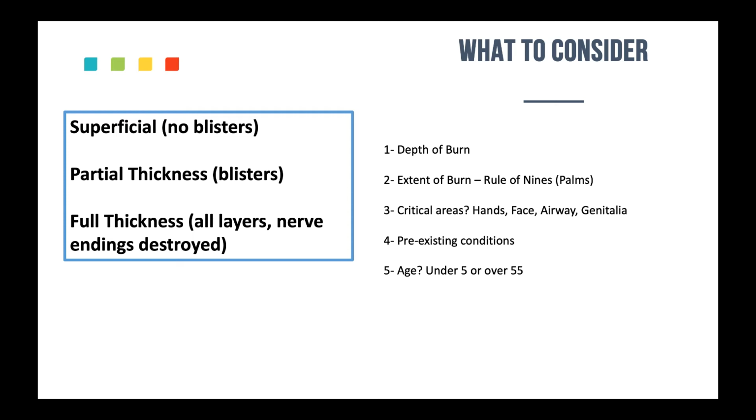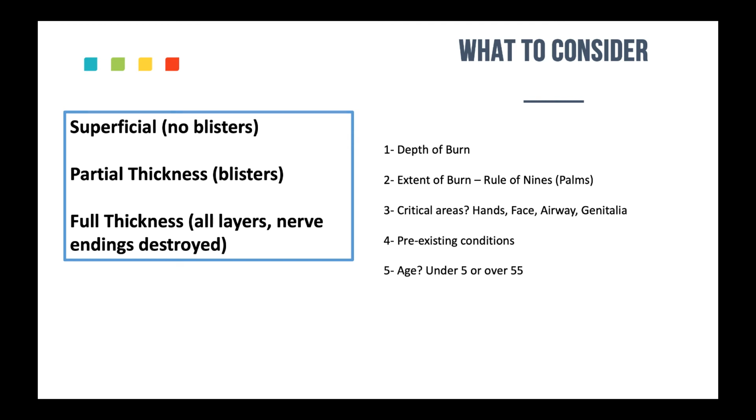And this is when you've got damage to the nerves. This is when your patient might not even be in any pain at the actual site of the burn. They'll be in pain from the surrounding areas, but not in the actual part of the burn. So you're going to have the full thickness burn in one area, but the surrounding areas are going to be partial thickness. So, of course, they're going to be in pain.